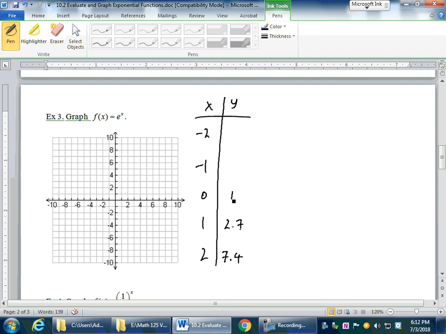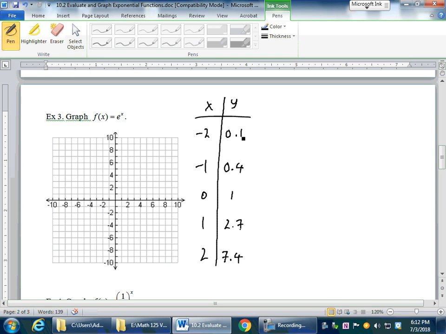And then e to the -1 power, so we're gonna punch in a -1. And then e to the -1 power is 0.4 if I approximate it to 1 decimal place. And then e to the -2 power, that will give me 0.1.